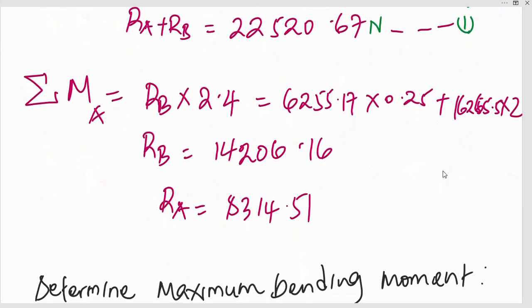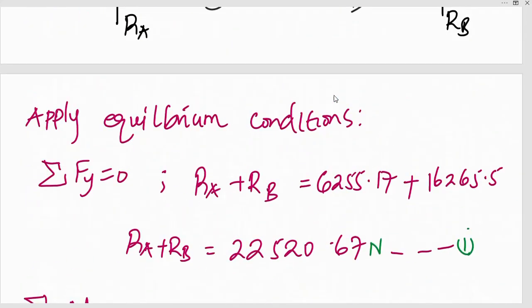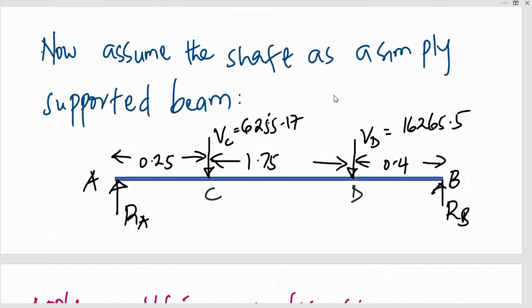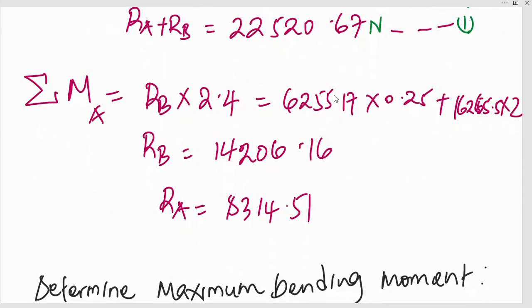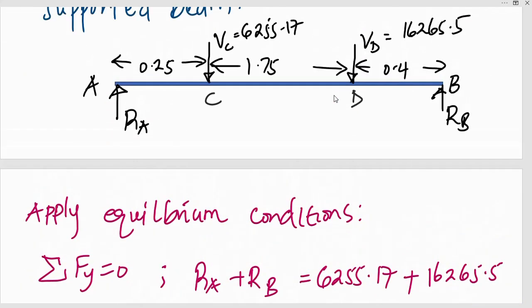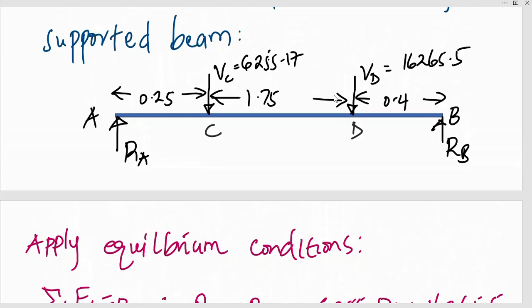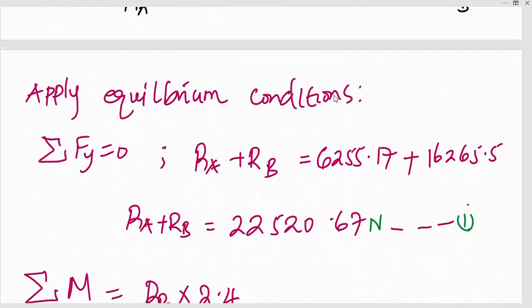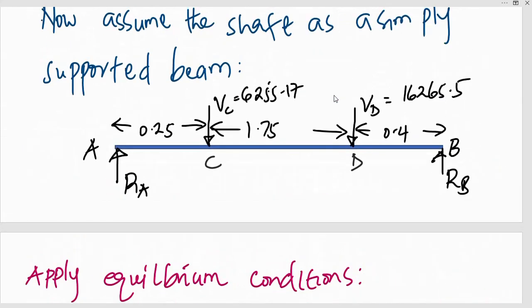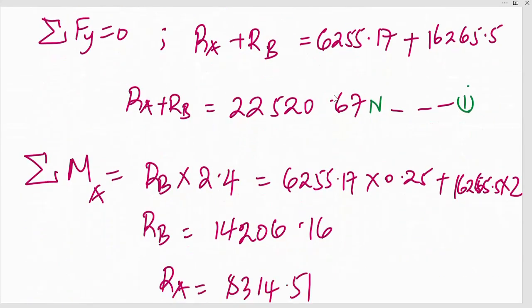So RB times the distance from the line of action of RB to A, that will be 2.4. It will equal 6255.17, which is VC, times 0.25, then plus 16265.5, which is the vertical load at D, times its perpendicular distance. This will be 0.25 plus 1.75, and that will be 2.